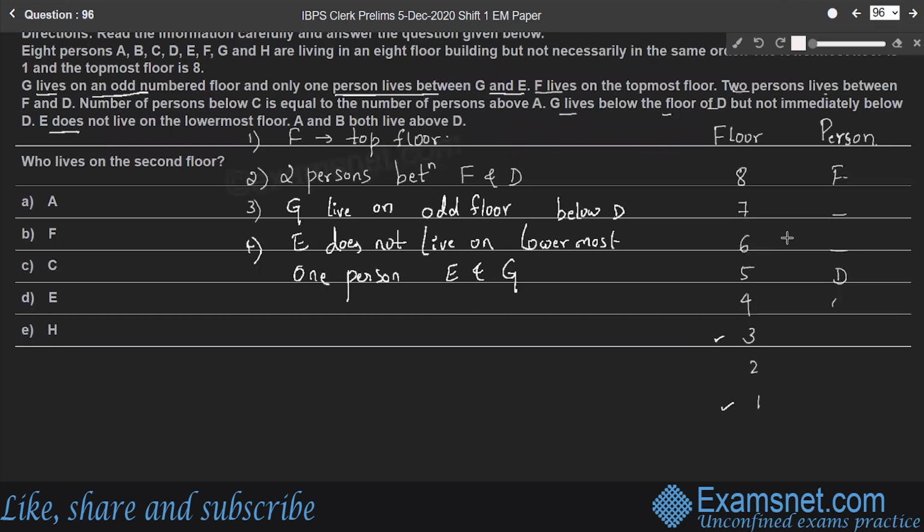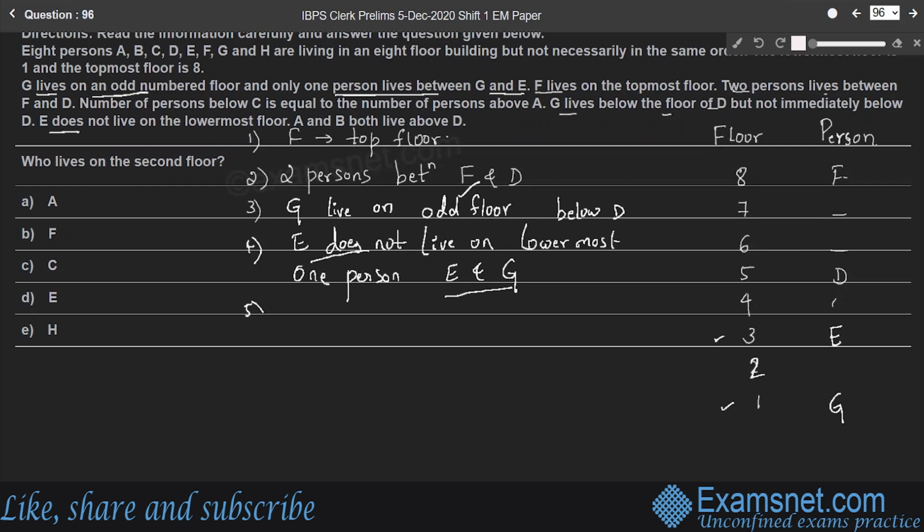So here, if G lives on 1st floor, which is odd floor, this condition will get satisfied. And the second also, E does not live on the lowermost floor, and one person between E and G. So E's floor will be 3rd floor, and one person will be there between 3rd and 1st floor. That is in the 2nd floor, right?